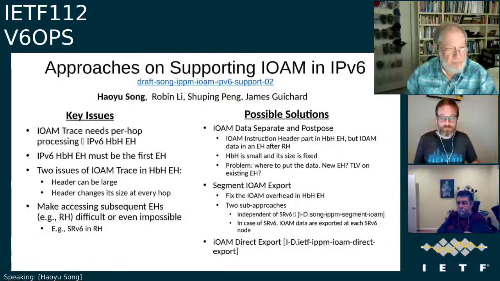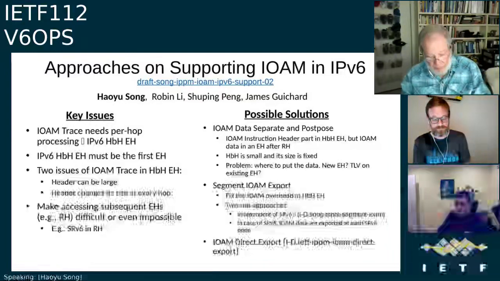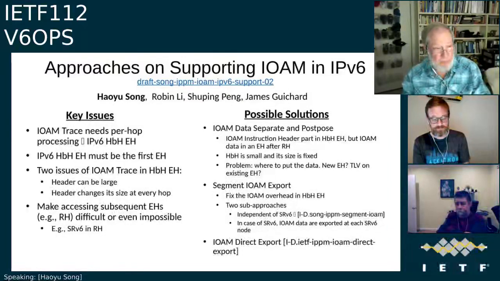And there are two issues about IOAM trace. One is that overhead can be very large because it includes both the instruction header and the trace data collected at each hop. And also due to the data collection, the header size might change at each hop, which makes the header variable length.